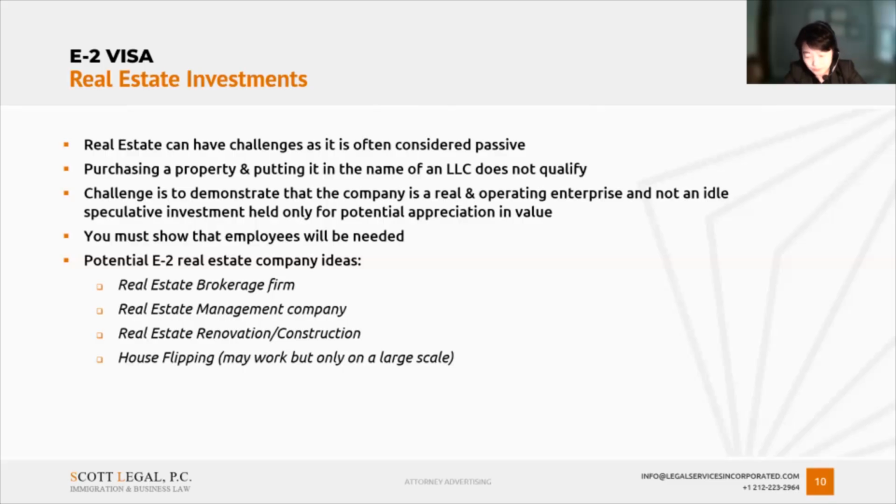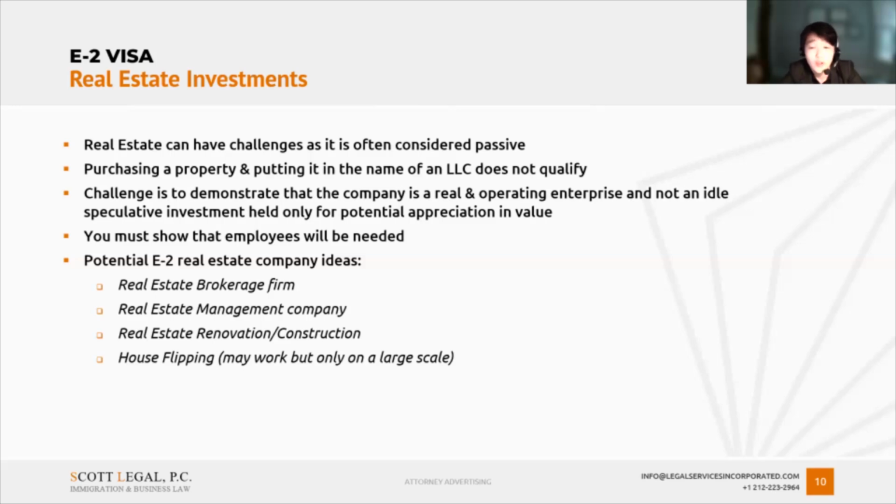And we would not recommend purchasing a real estate property, putting it in the name of an LLC, and then using only that as part of your E-2 application and saying, I invested in real estate and this is my business. Unfortunately, that kind of argument would not work at all for the purposes of the E-2 visa.